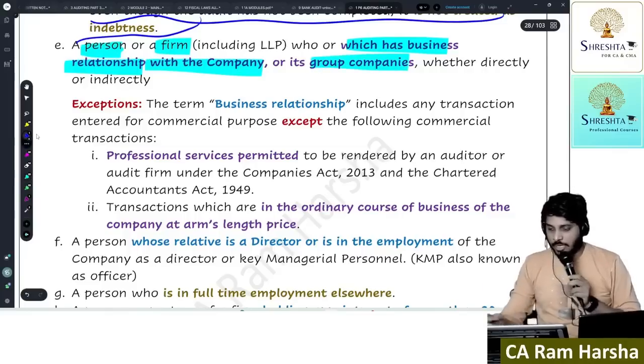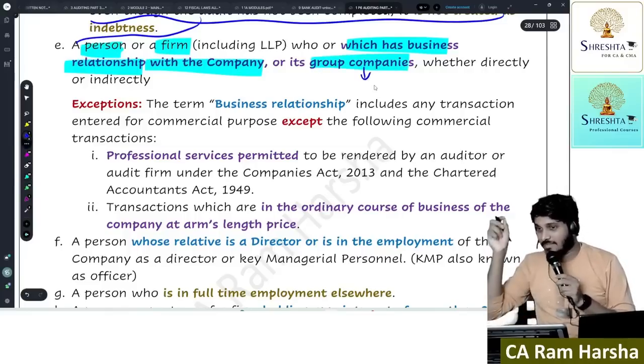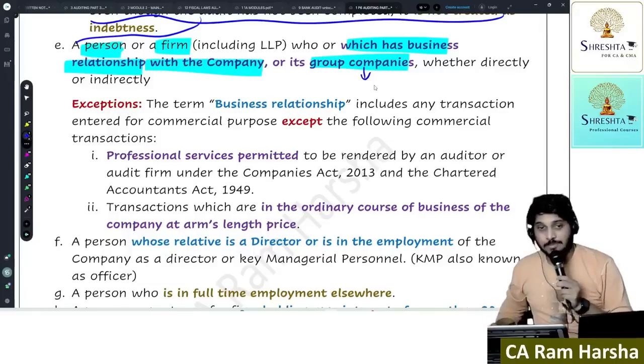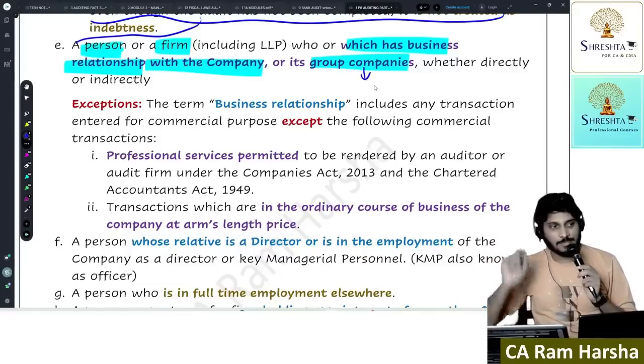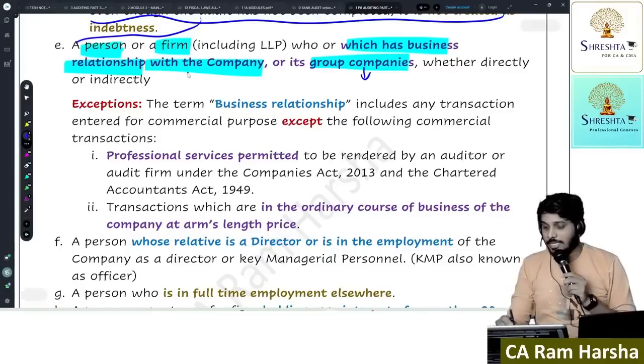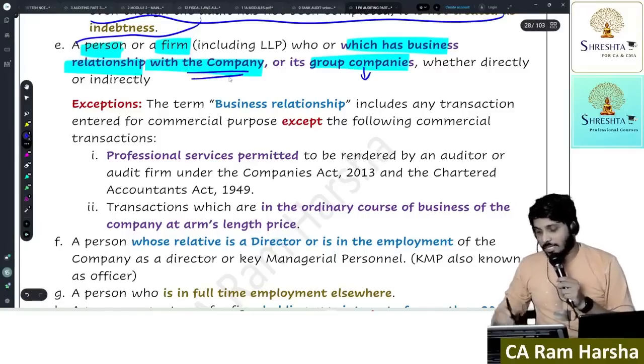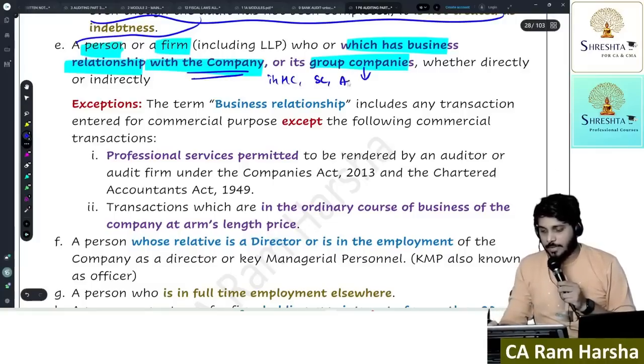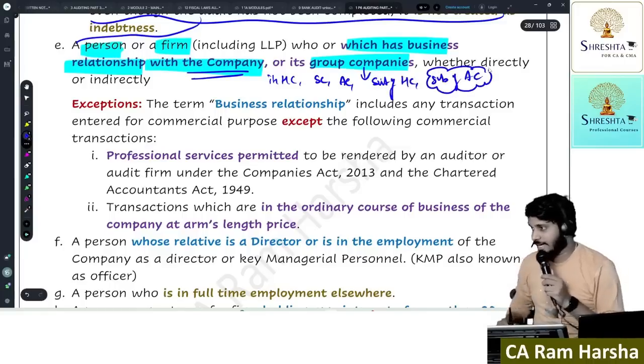Here group companies means one more company is added: the auditor, the company, or its holding company, or its subsidiary company, or its associate company, or subsidiary of holding company, and subsidiary of associate company is another point added in this.